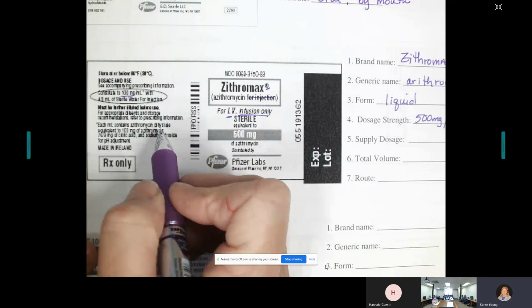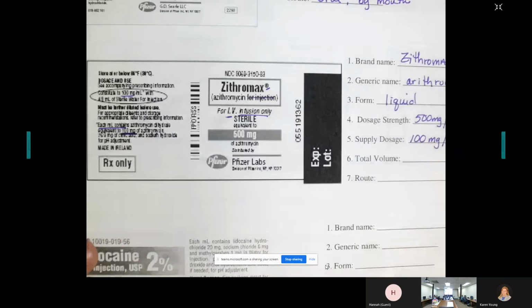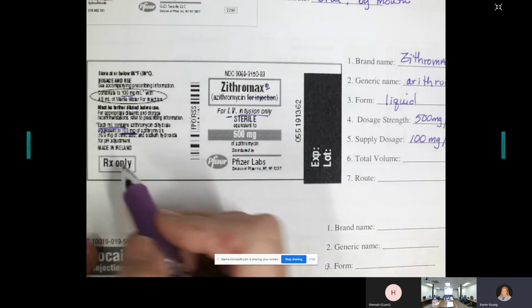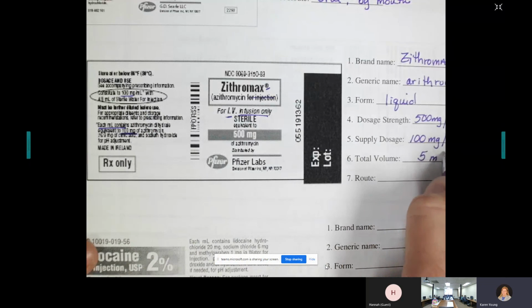Here it is. Each milliliter contains azithromycin equivalent to 100 milligrams. That will be a lot plainer to read when we actually have to do this. So 100 milligrams per milliliter. Also in this fine print somewhere says the total volume would be 5 milliliters.